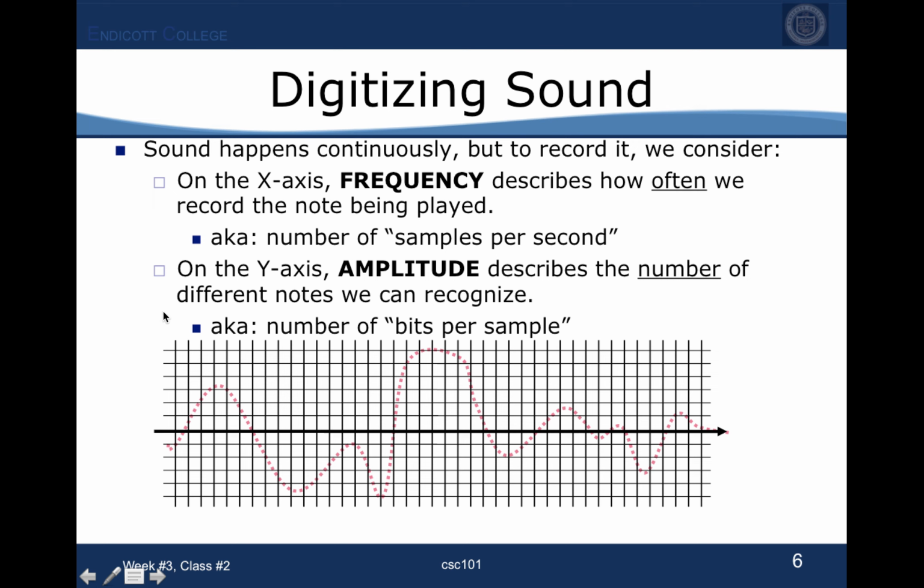So amplitude, which describes how many different notes, pitches and sounds we can recognize, I might think of as the y-axis, and I'm going to divide the whole range. What is the range of sound or pitches that I might hear on this pink sound wave? Well, there are infinitely many different pitches, and we can't do infinity.